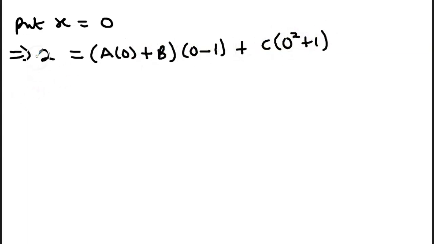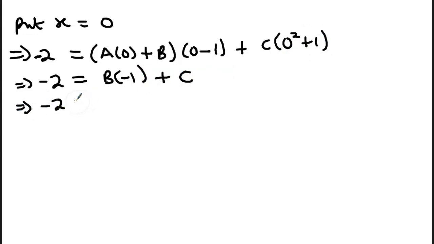This first term will go to 0, so we have b times minus 1 plus c times 1. So we have minus 2 is equal to minus b plus c. But we found c to be minus 1, so this implies that minus 2 is equal to minus b minus 1.